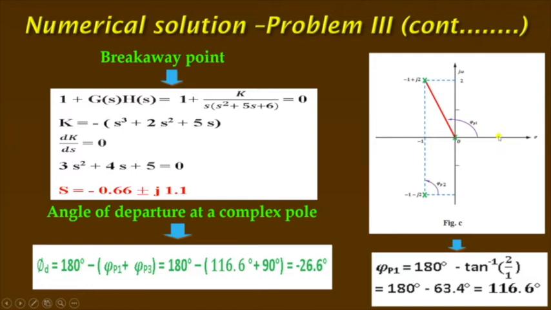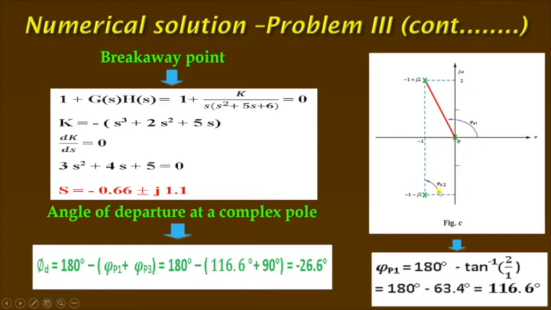But phi p1, the total angle, is 180. 180 minus this angle gives phi p1. So we can write 180 minus tan inverse 2 by 1. This is equal to 180 minus this angle, which is 63.4. So this value is 116.6 degree.